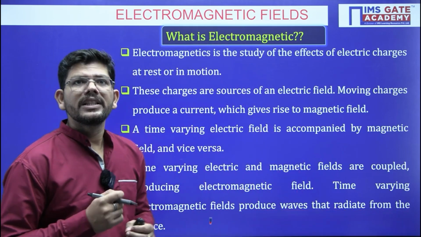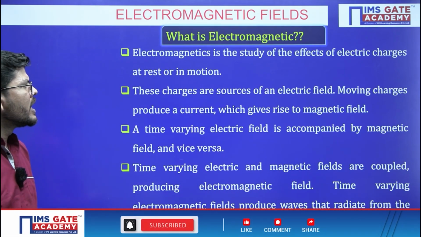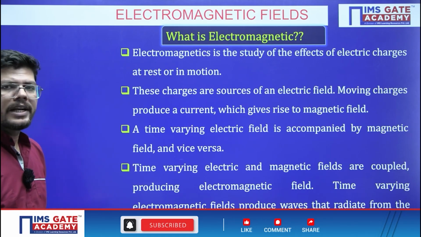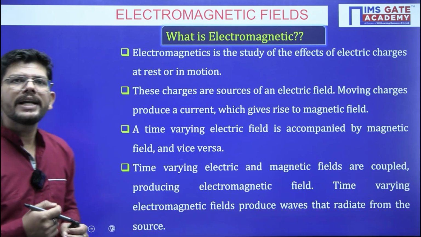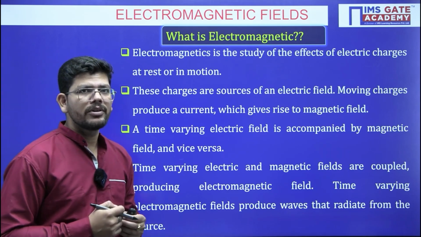These charges form a source of electric field. Moving charge produces current, which gives rise to magnetic field. This is how electric and magnetic fields evolve.